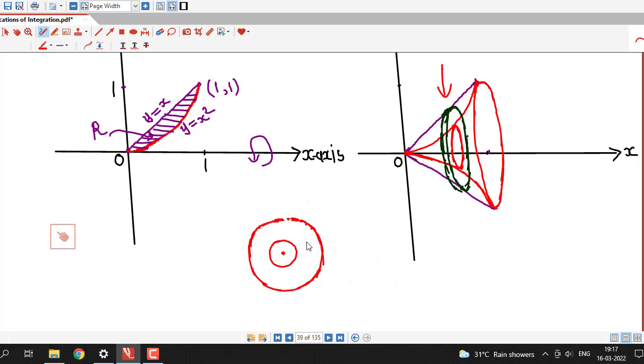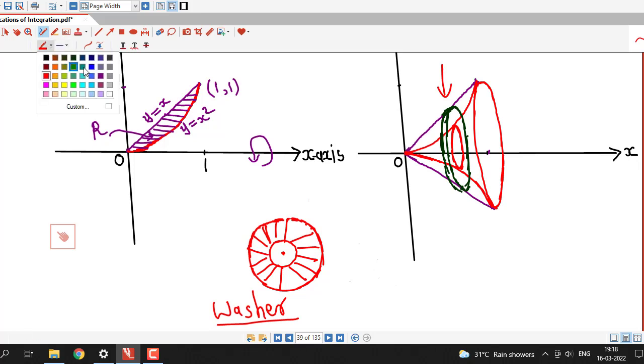Now to find the volume of this solid, first we consider its cross section perpendicular to its axis of rotation, that is a washer or annular ring. First we consider the area of this washer, which is the portion between two circles, and it is equal to the area of the outer circle minus the area of the inner circle.